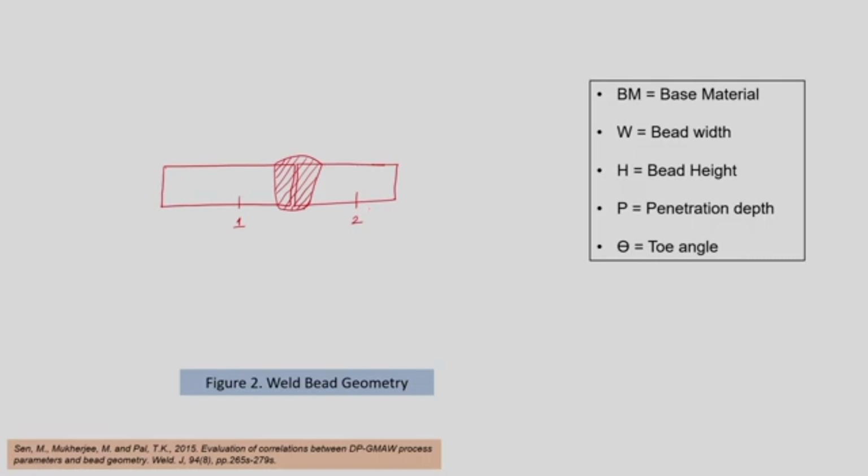So, when we try to figure out the various terminologies of the weld bead, so this is the weld bead, and this is called the face of the weld bead.